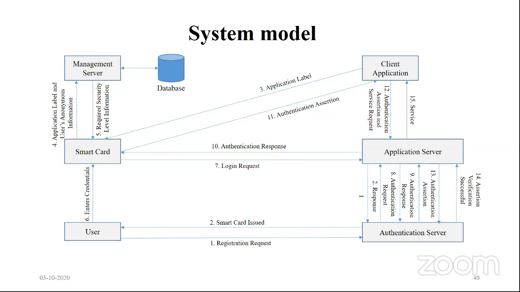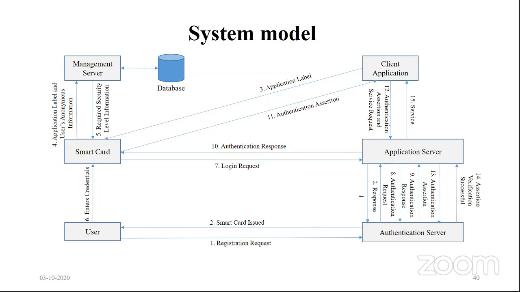So based on these details, policies are defined for providing access to them. And these policies are stored there, and the security level information is sent to the user. The security level information, basically, is a unique identity, and the user is not aware of the background details of it. It's just like a label. So once it is assigned, the user has the card now with the necessary information.